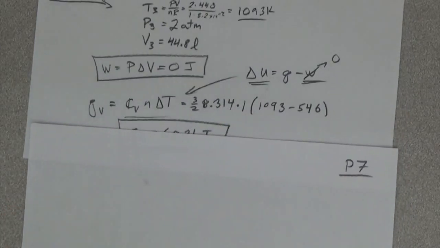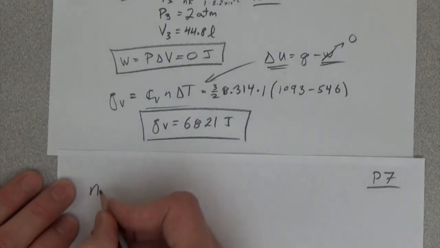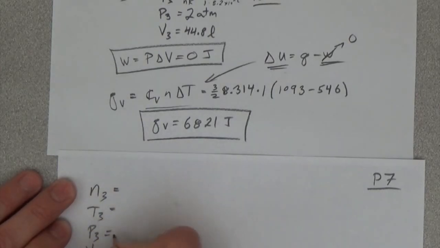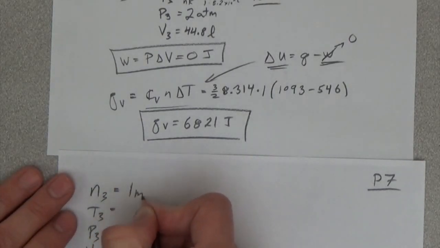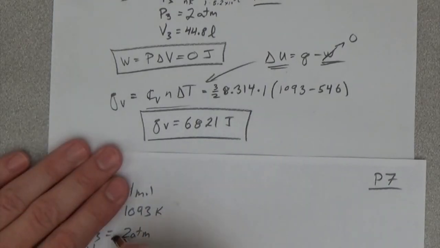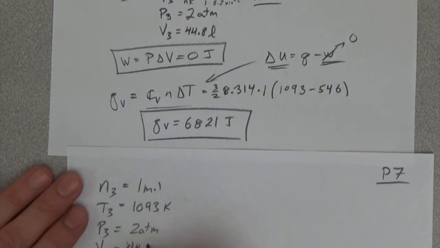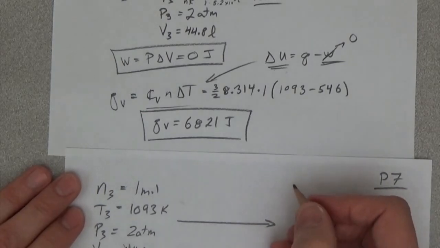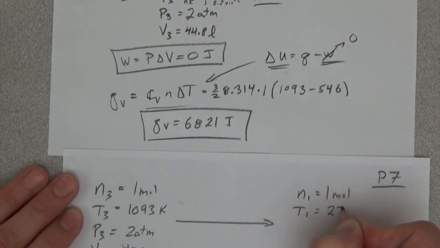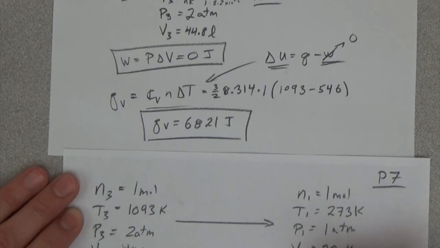So I'm just going to rewrite this. n3, T3, P3, V3 is equal to 1 mole, 1093 K, 2 atm, 44.8 liters, and it goes back to n1, 1 mole, 273 K, P1 is equal to 1 atm, V1 is equal to 22.4 liters.